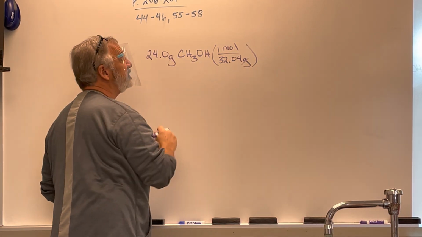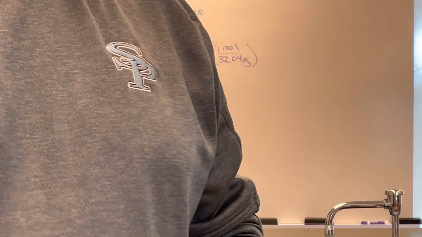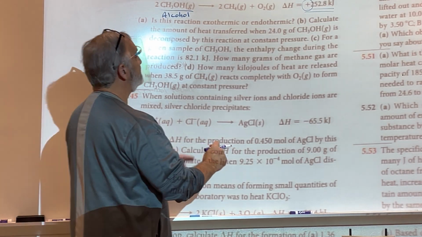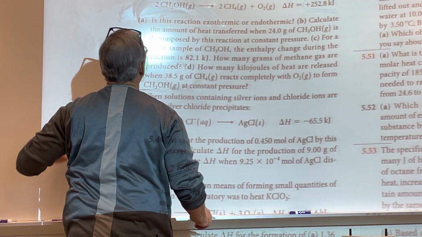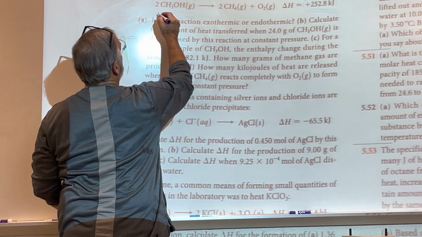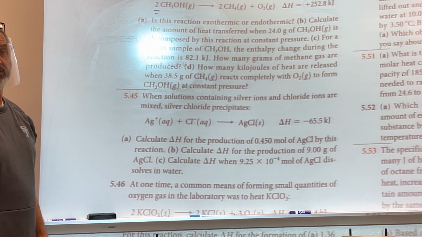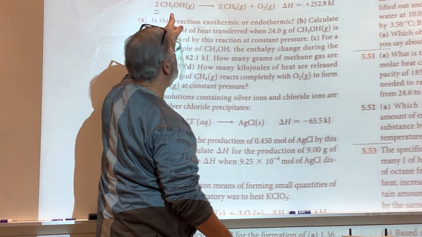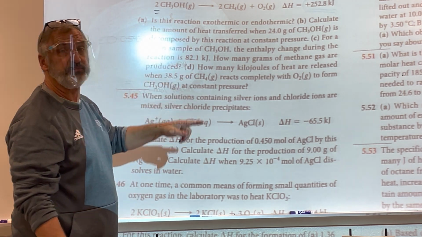Okay? Now here's the point that you need to really know. When you're looking at this, this is kilojoules per 2 moles of the methanol. Okay? It's this many kilojoules when 2 moles of methanol react.